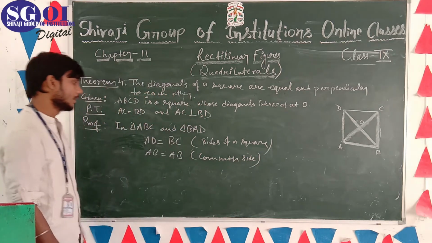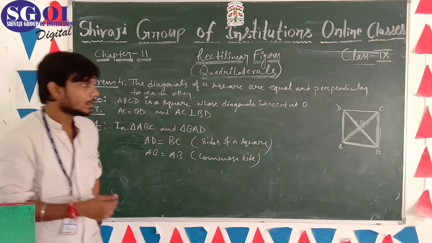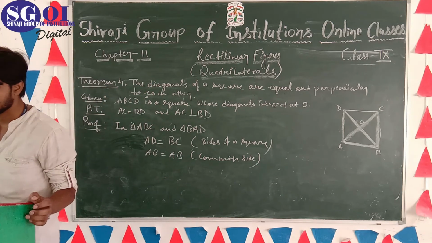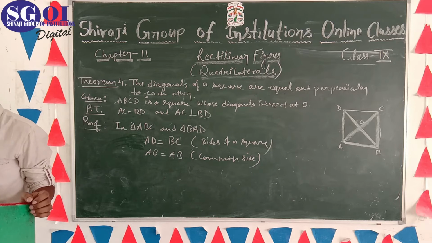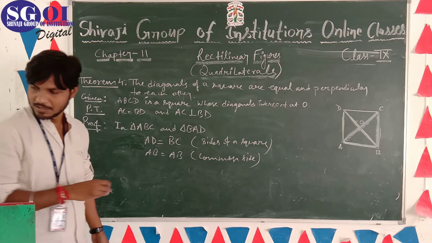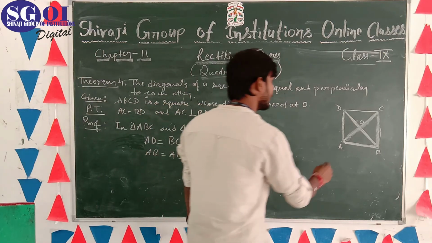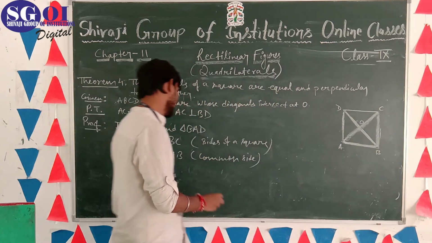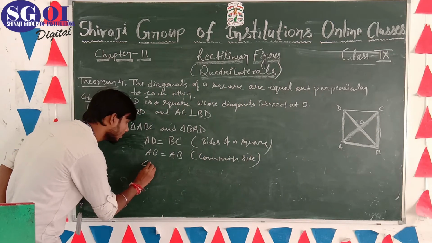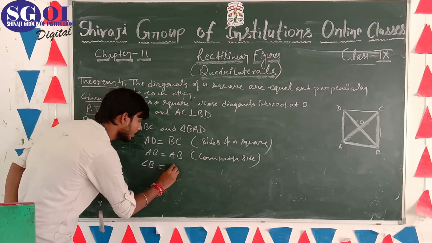Okay, AB is equal to AB, common side, and angle ABC is equal to angle BAD, or you can say angle B is equal to angle A.